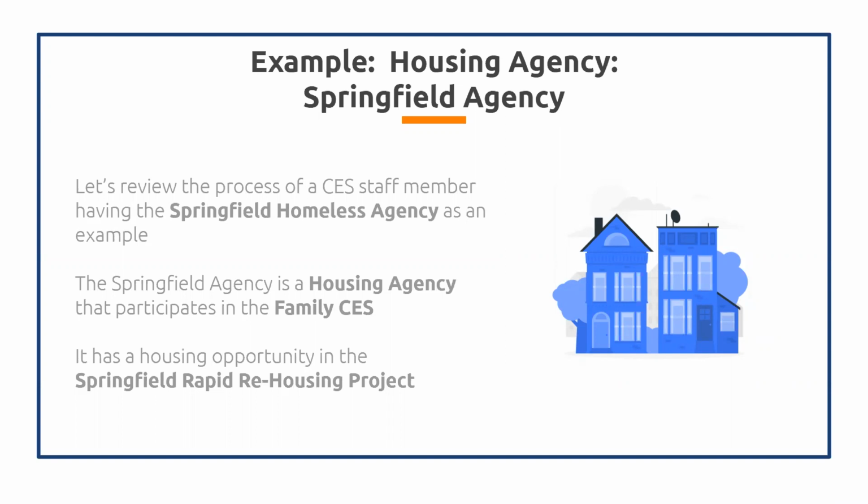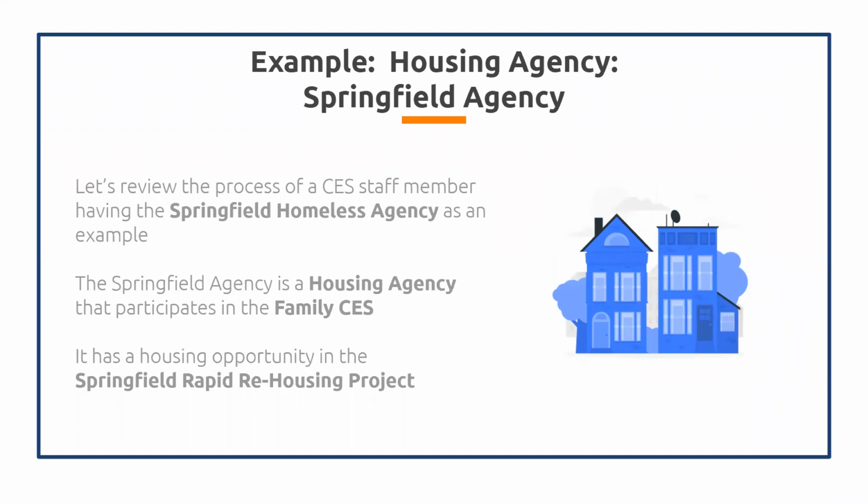So now I'm wearing the housing agency hat, if you will. Let's suppose that my agency has an open opportunity to house a family in the Rapid Housing Project. As a staff member of the Springfield agency, I need to add or create that opportunity so I can receive the referral to house a family from the community queue.